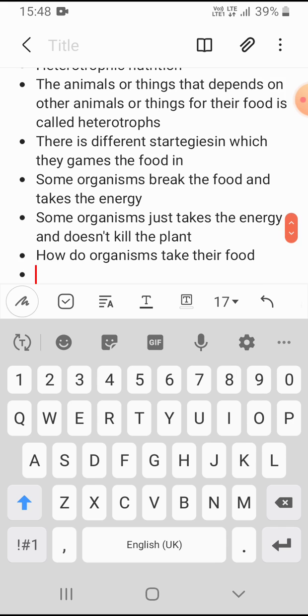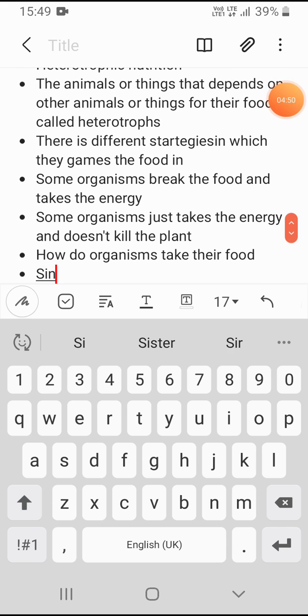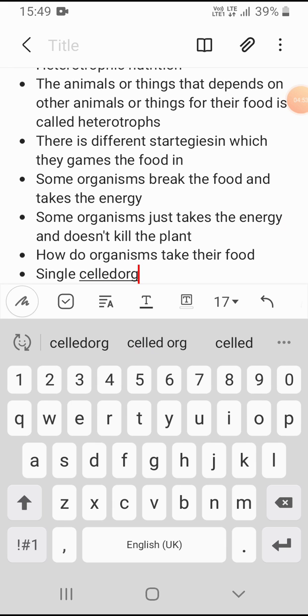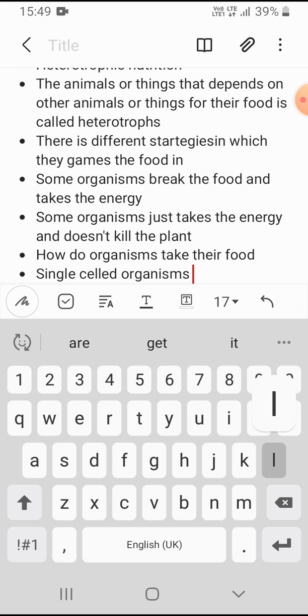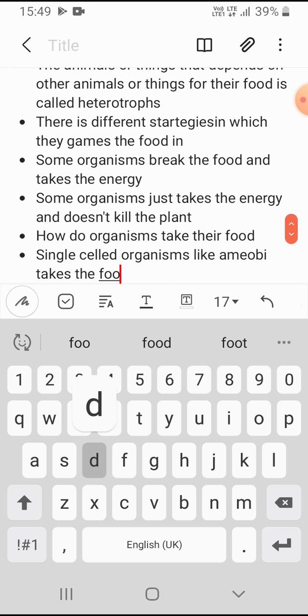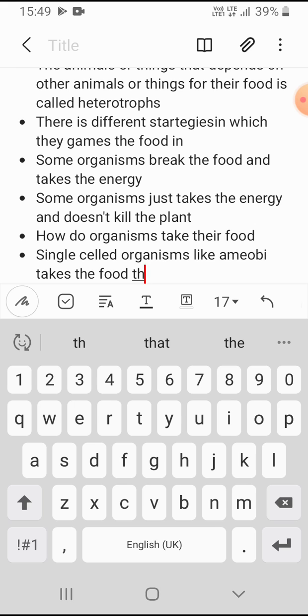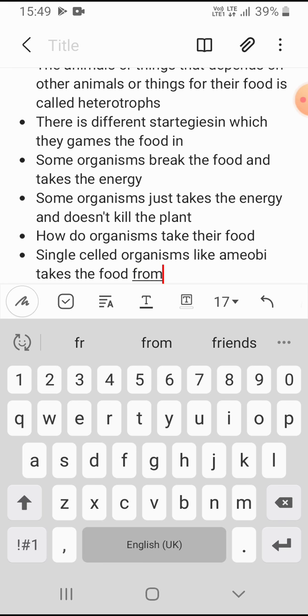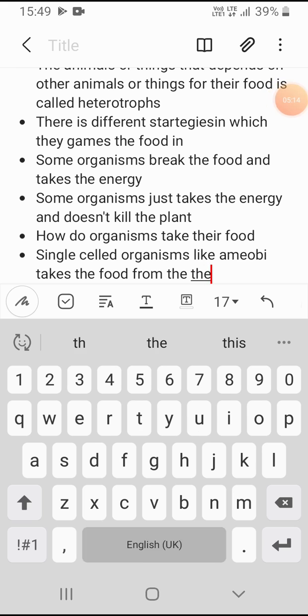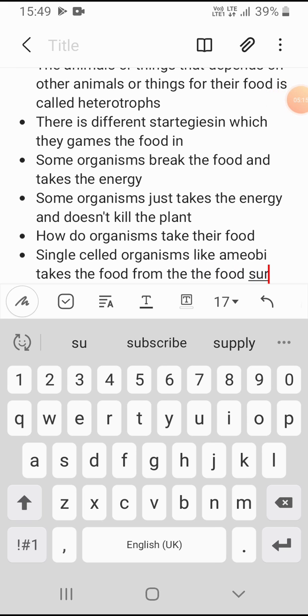Single celled organisms like amoeba take the food from the food surface.